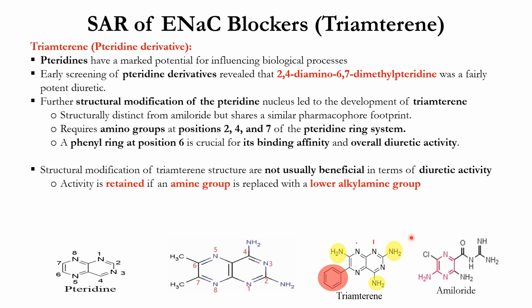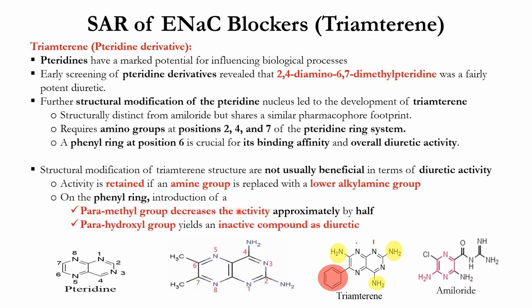Activity is retained if the amino groups at positions 2, 4, and 7 are replaced by lower alkyl amine groups; the activity remains the same. It is retained but not boosted.